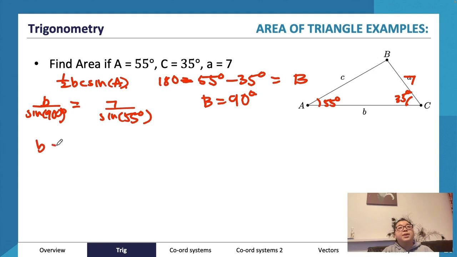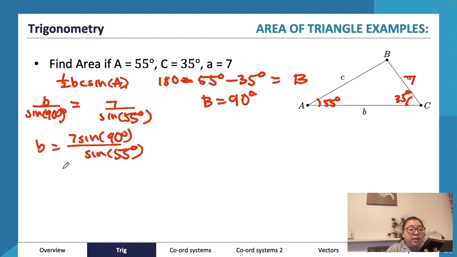So what that means is B is going to equal sine 90 over sine 55 degrees. So if we put that into our calculators, B will equal 8.55, let's say 8.55, so round to 3 decimal places.